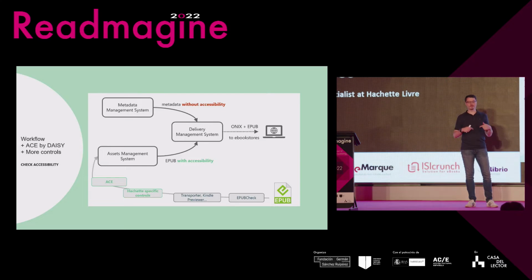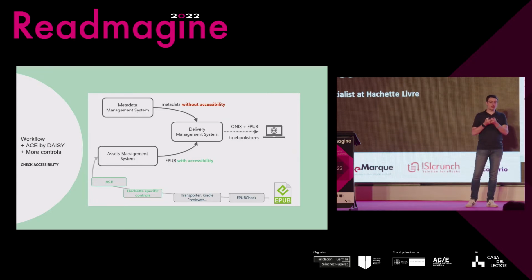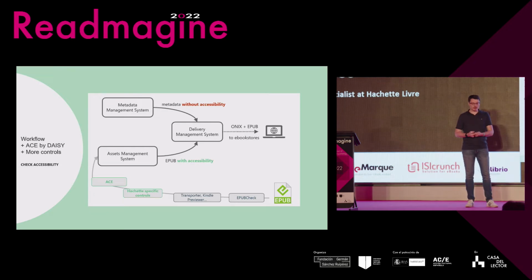So we specify the alternative text. We added the control of these alternative texts in our Hachette-specific controls, and we were able to know if an EPUB was at a certain level of accessibility or not, thanks to our controls.